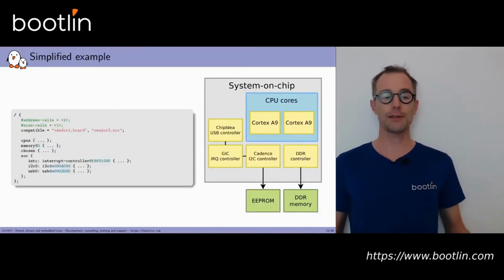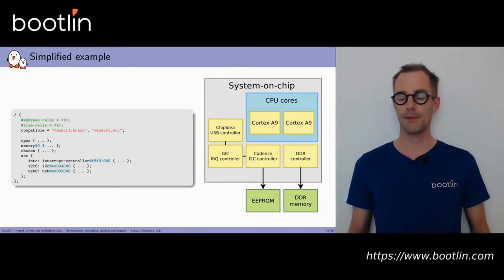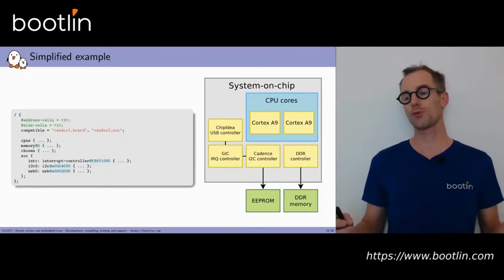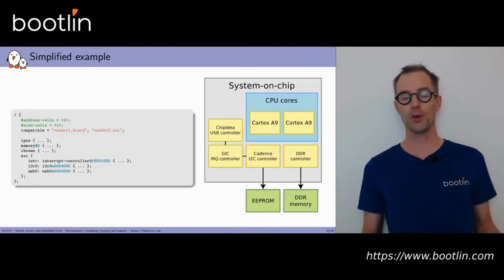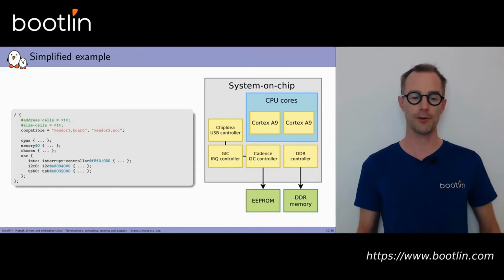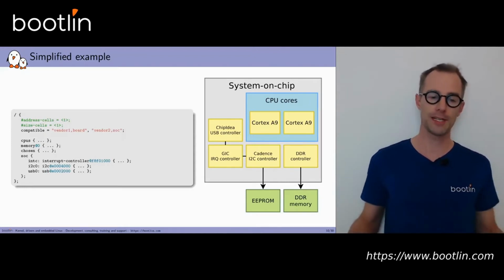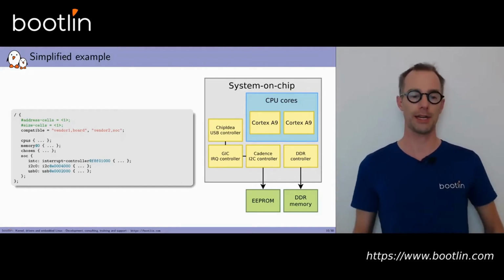So let's have a look at a simplified example of a device tree. On the right hand side, we have a very simple embedded system that has a system on chip with 2 Cortex A9 cores. It has a DDR controller, an I2C controller, a GIC interrupt controller, and a USB controller from the chip IP vendor. And on the left side, we see the device tree, which has been simplified a little bit with some nodes folded, and we will unfold them in the next slides.